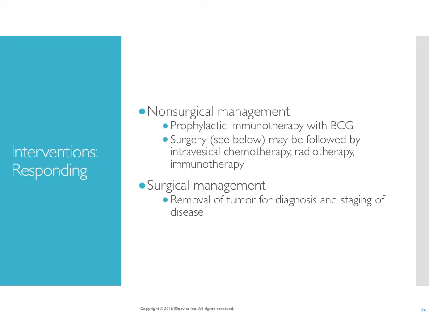It's given directly into the bladder as a wash, and it's usually done after they've removed the tumor that's present in the bladder. Basically, they put the fluid in with a catheter, and then the patient is asked to kind of move from side to side so that fluid can coat the whole inside of the bladder.